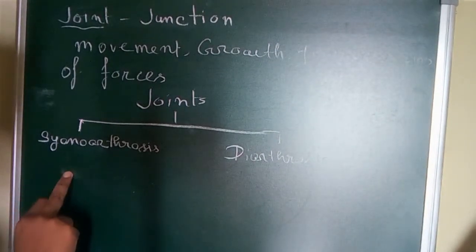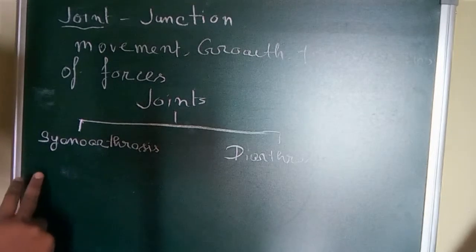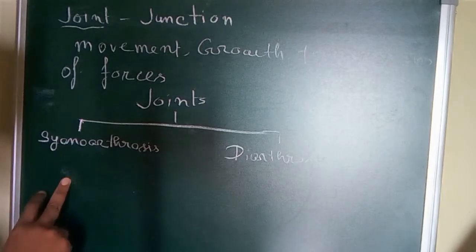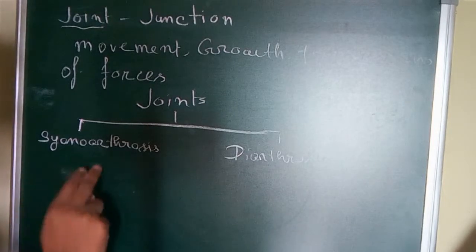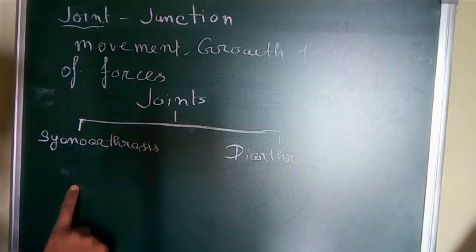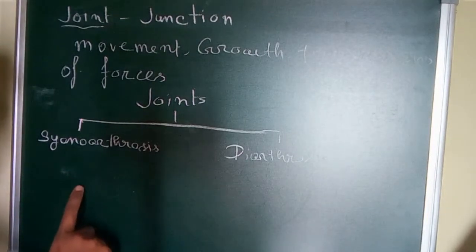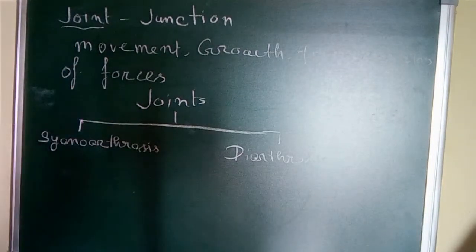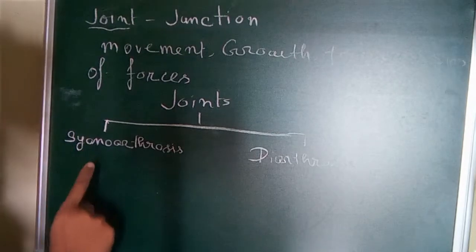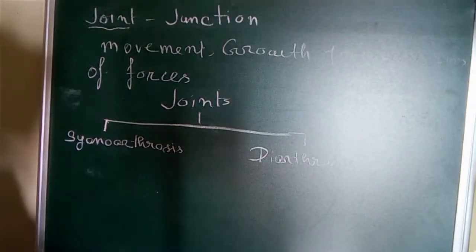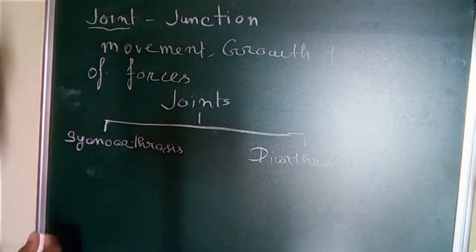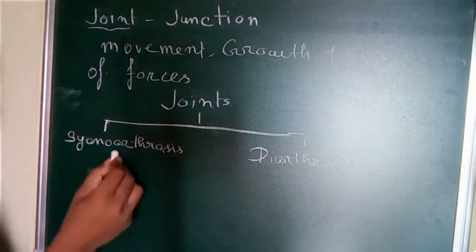Synarthrosis is a solid joint, and it has no cavity. It has no movement, or maybe only slight movement is possible here. Synarthrosis is further divided into two types: fibrous joint and cartilaginous joint.